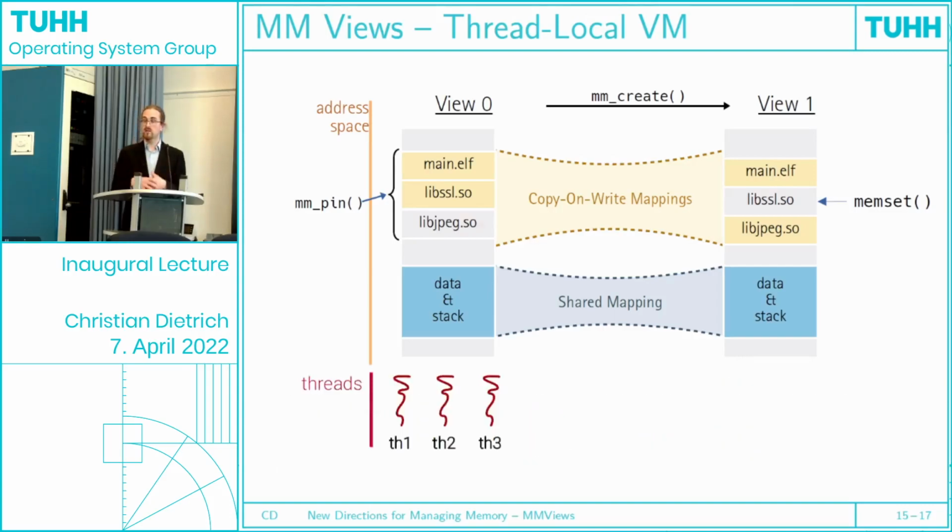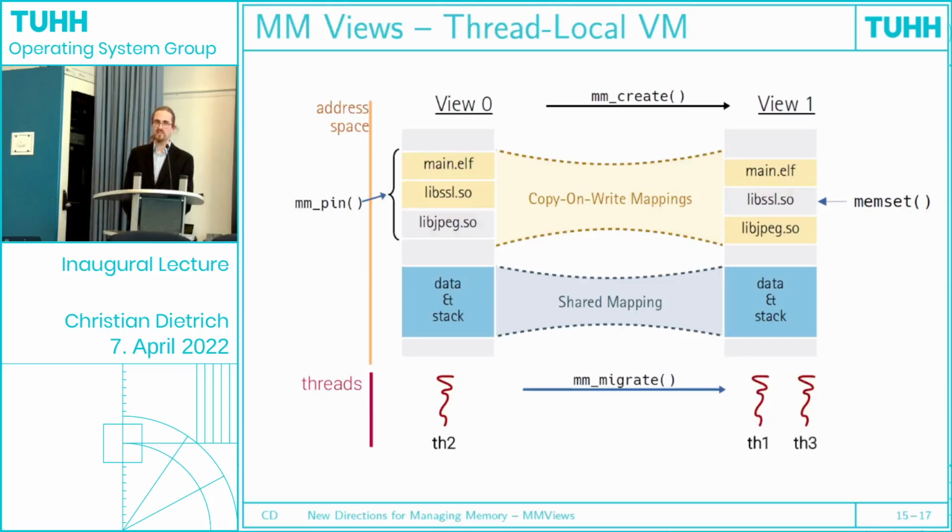In each view, we can have multiple threads running, like in a usual address space, but we can migrate threads between views within the same process. They actually have the same virtual memory, but they have different glasses on and don't see everything the same.